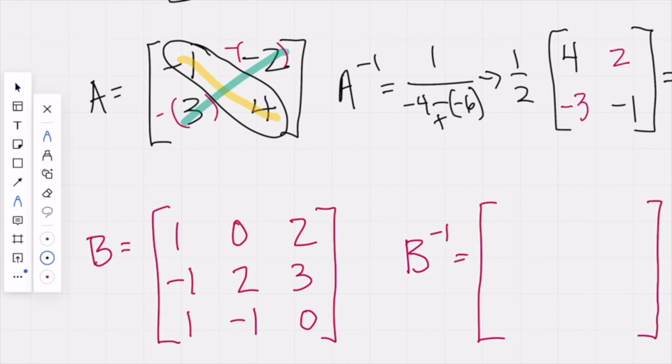There are some matrices that are not invertible. They don't have inverses, but most of them do. So the only thing that you would really need to be able to do by hand is a 2 by 2.